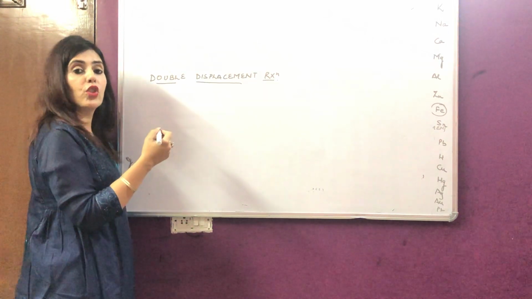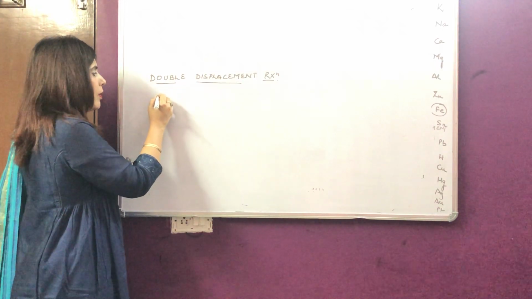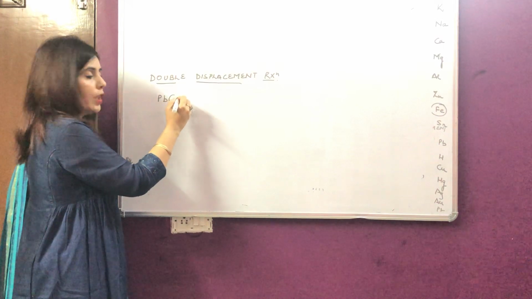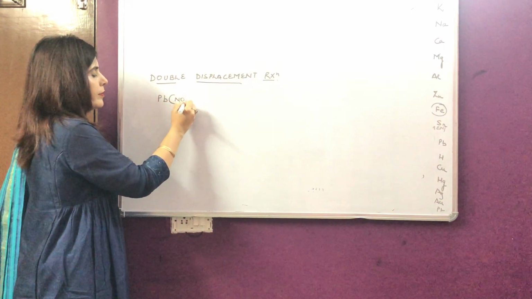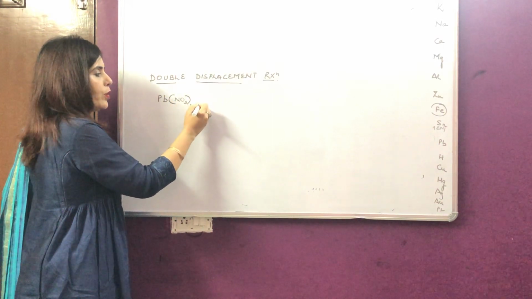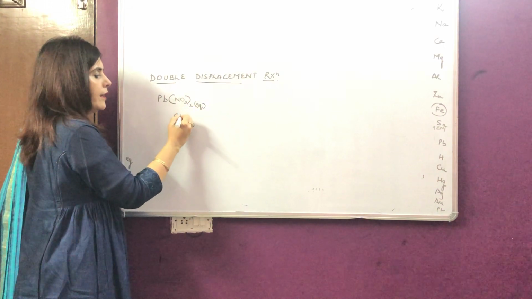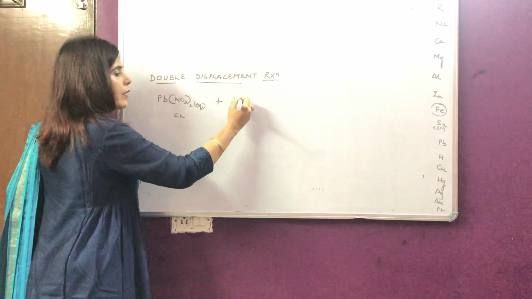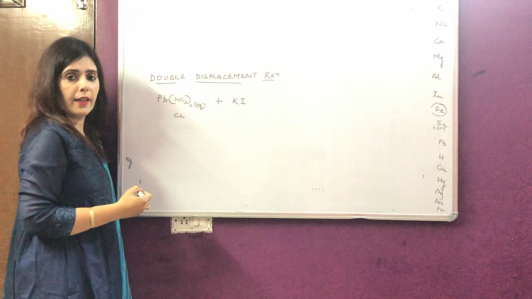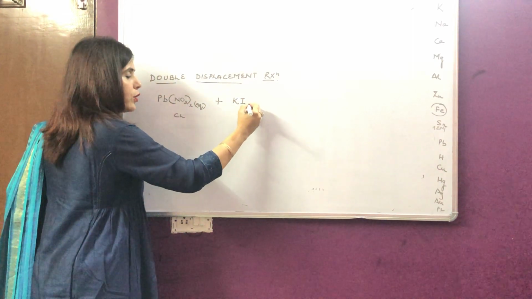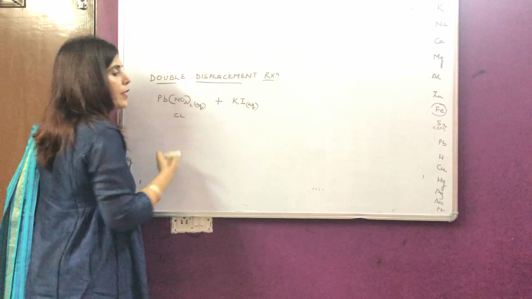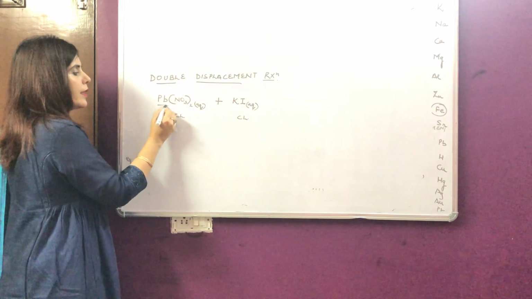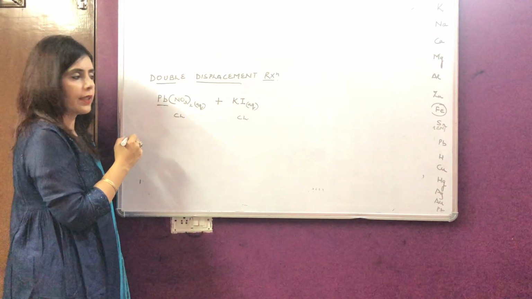We did the example in change of color as well. Remember, in yesterday's session we did Pb(NO3)2. Its aqueous solution was what? Colorless. Reacted with KI. Again, it was a white salt, and aqueous solution was what? Colorless. Now what will happen? These are the cations. Pb+2 is the cation.